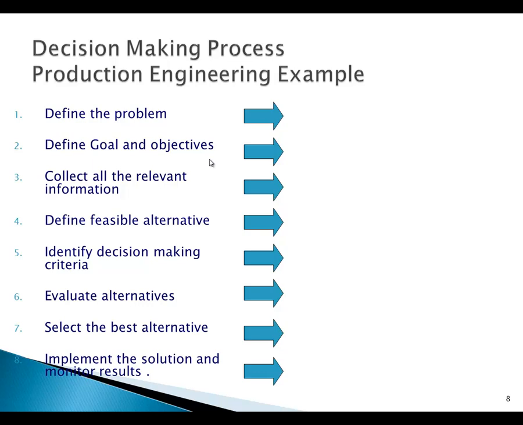The information that has been provided was the milling machine cost and required specifications. The alternatives will be to replace the milling machine, and they have 3 different models available to replace it, or to repair the existing machine.